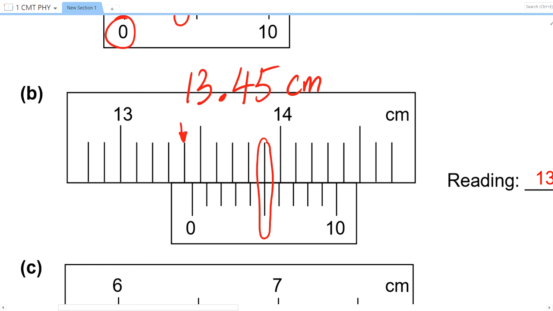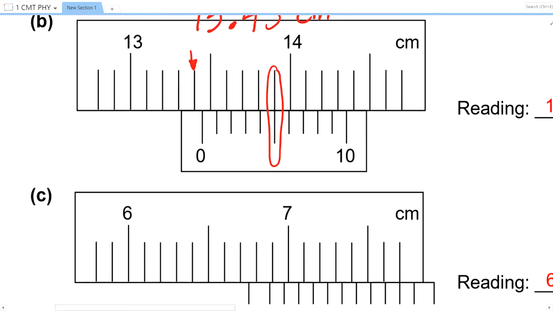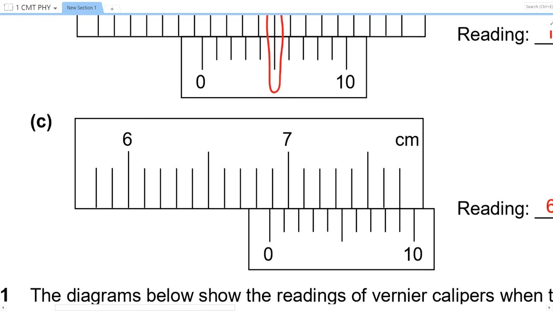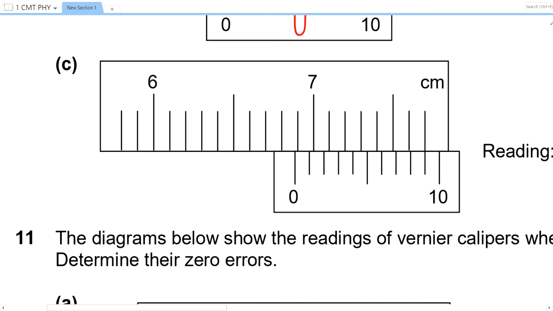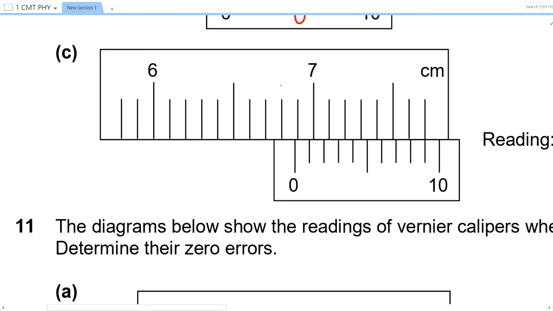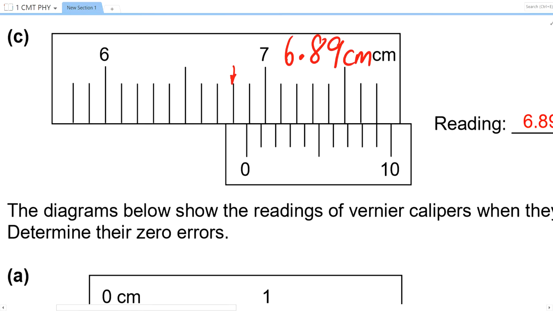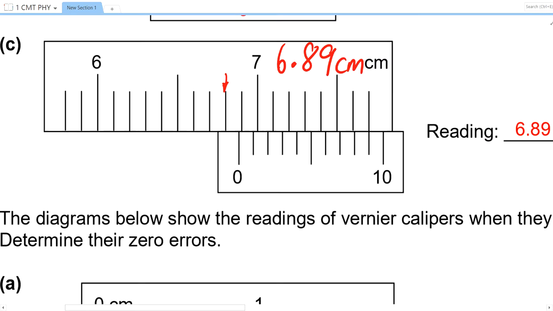You must have the units. Yeah, you have to mark your own work. Are you marking your own work? Yes. Are you doing the corrections at the same time? Yes. Next, part C. What is the reading over here? 6.89 cm. Easy?